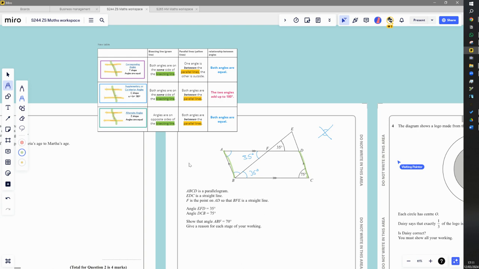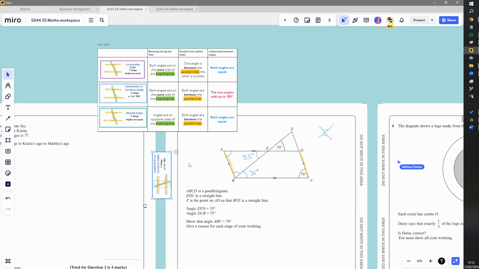We can imagine the B to C is the line that's sort of cutting those two lines across. Maybe it's a bit better if I highlight this in yellow. As you can see in this line up here, the parallel lines are the ones in yellow. So we want to look at this angle, this one here.